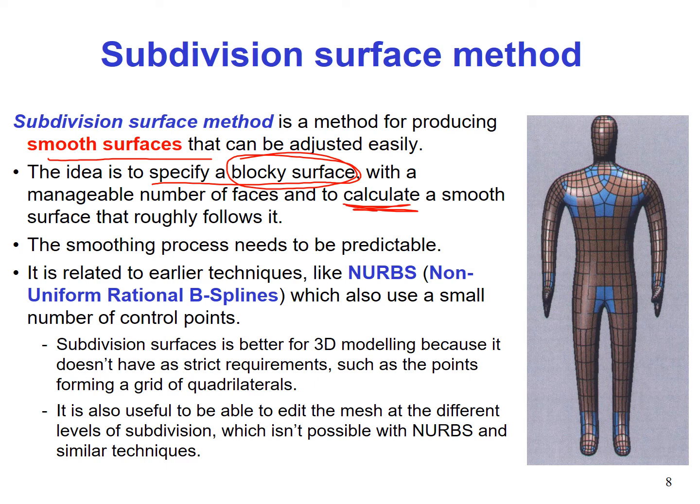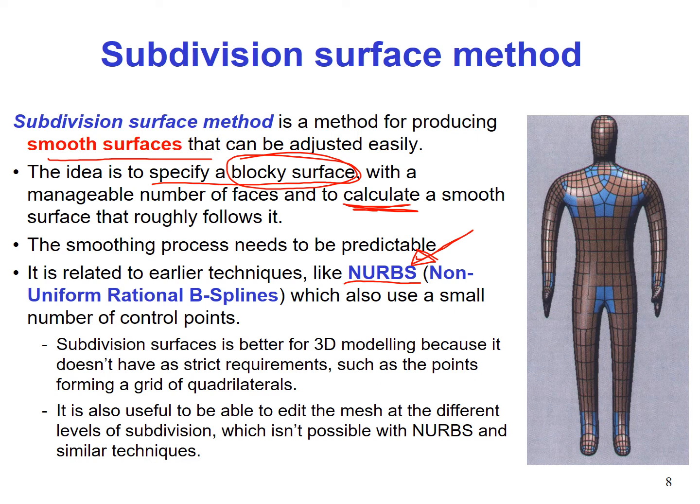The smoothing process needs to be predictable. It is related to earlier techniques such as NURBS, non-uniform rational B-splines, which also use a small number of control points. However, NURBS are computationally intensive, whereas the subdivision surface method is more intuitive and more physically understandable.